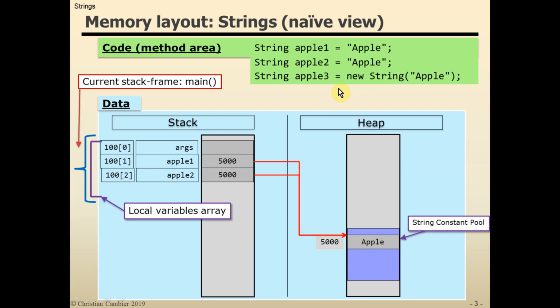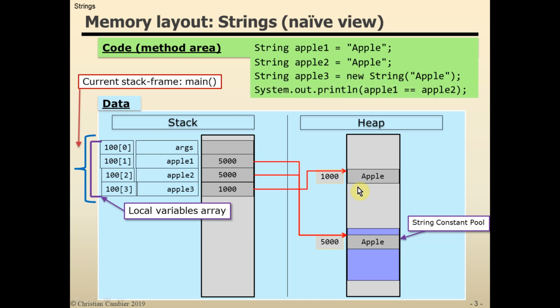Then apple3 is declared and initialized using the new keyword. This is what we can call the normal instantiation of an object on the heap, and apple3 refers to that new object. Now, what is printed when we compare apple1 and apple2? Easy. Look in the current stack frame for the values that both variables hold, and since they refer to the same object, the result yields true.